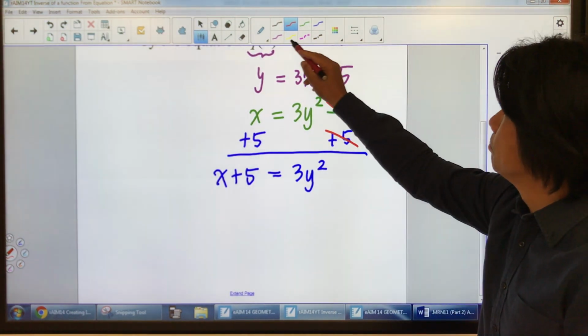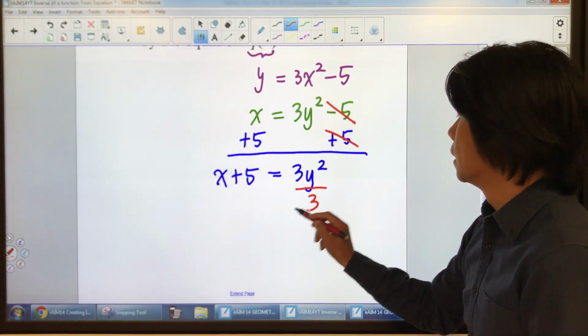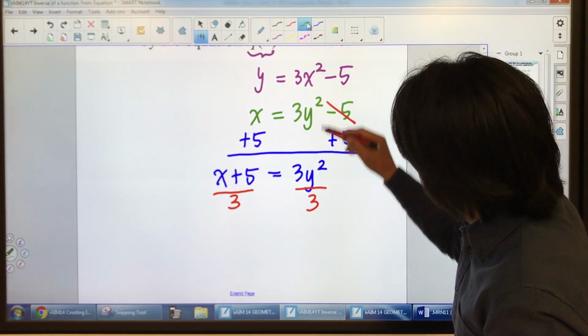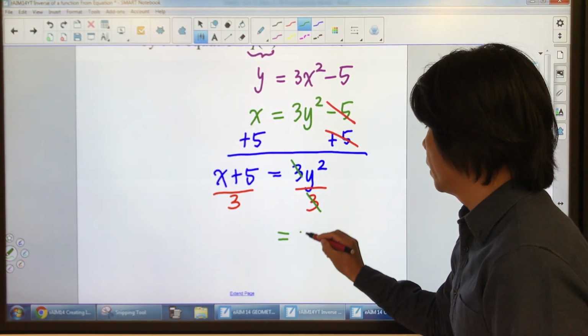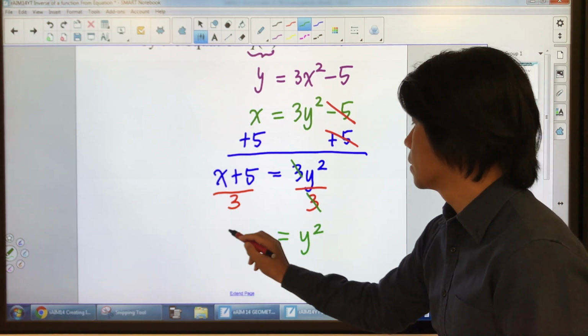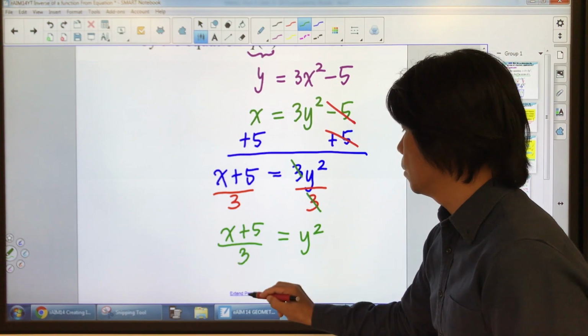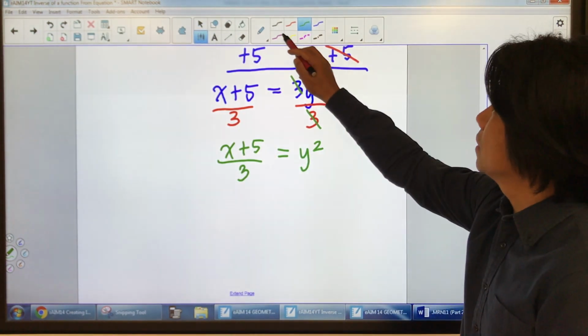Now next step, divide both sides by 3. These are divided out. y squared is by itself now. So I have x plus 5 over 3. Does it look familiar, guys? Yeah, this is what we did in the intro activity.